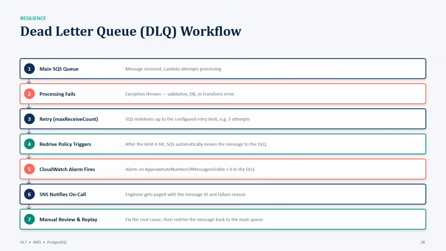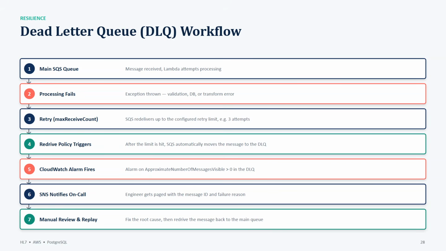Let's trace exactly what happens when a message fails. It's sitting in the main queue. Lambda tries to process it and throws an exception. SQS will redeliver it a few more times. That's the retry limit, the max receive count. If it keeps failing past that limit, the redrive policy automatically moves it to the dead letter queue.